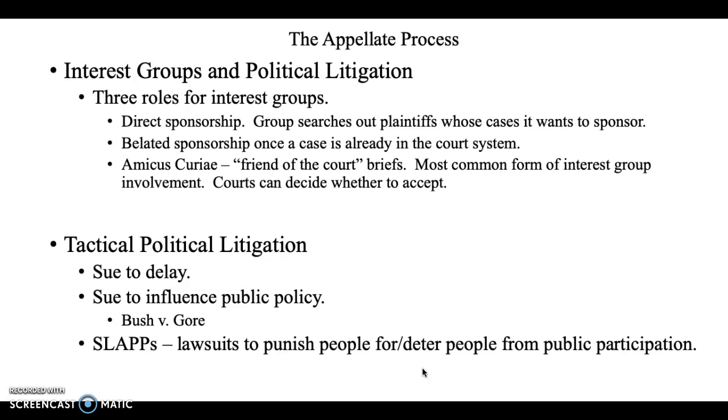It's where a deep pockets party might sue a small group to punish them for getting involved in an issue, whether a party wants to develop some protected wetlands and they are sued by a local group who says you can't do that, and or they preemptively sue a local group and say, we're going to sue you for all this stuff, thinking that the cost of the litigation will get in the way of the people's ability to stop them from developing the wetlands.